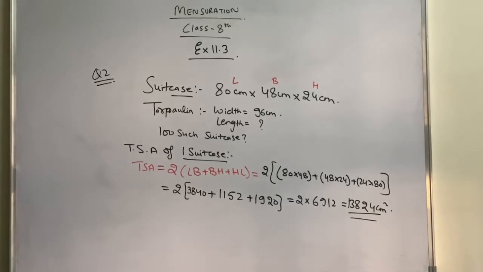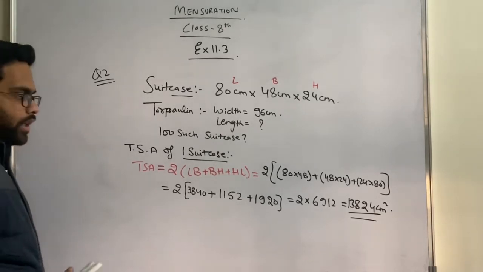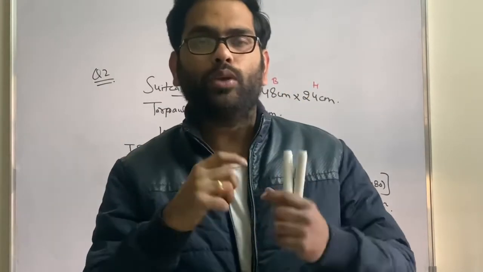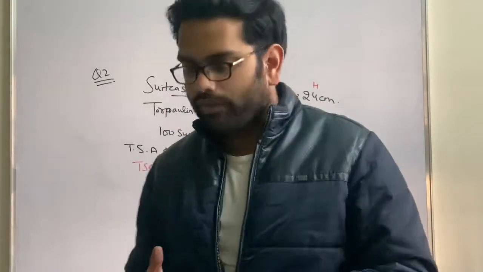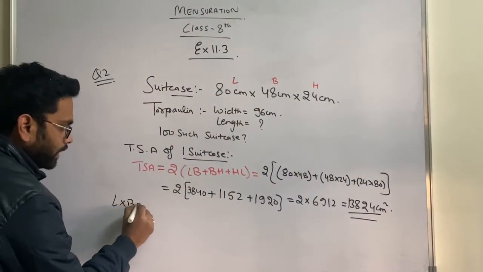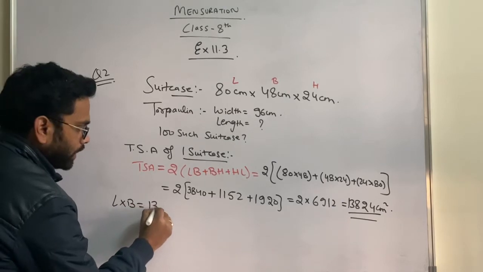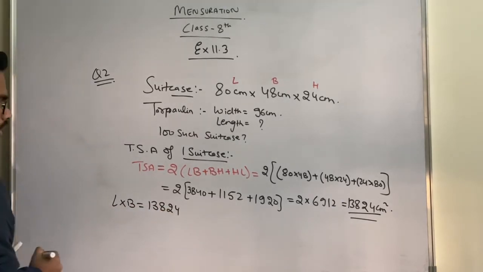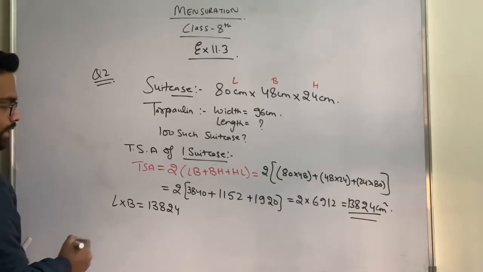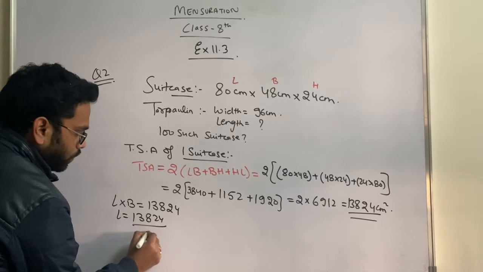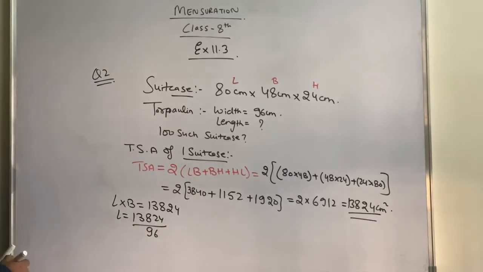Now if we have to evaluate how much length of tarpaulin we need to cover one suitcase, the area of the tarpaulin is length into breadth, and this should be equal to 13824. Width is given to you as 96 centimeter, so length will be equal to 13824 divided by 96.